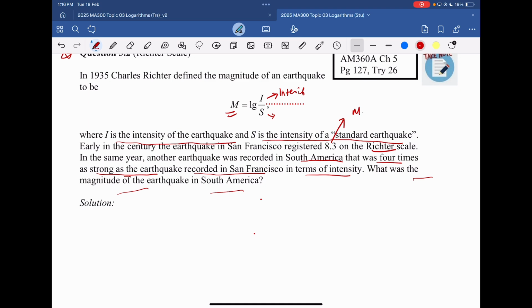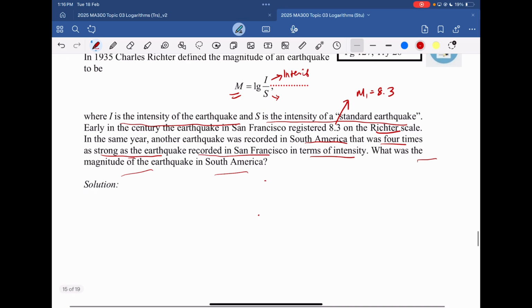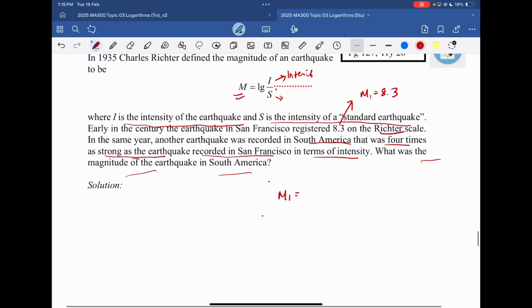So M1 is 8.3, for example San Francisco, the magnitude is 8.3. It is the same as log I over S.